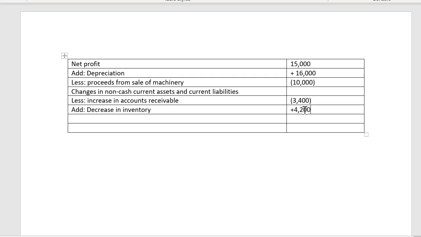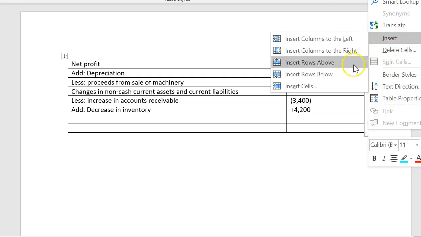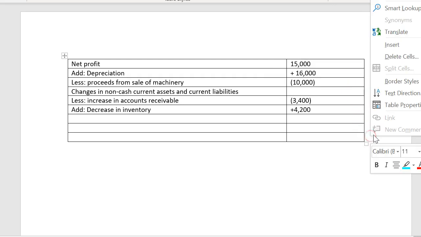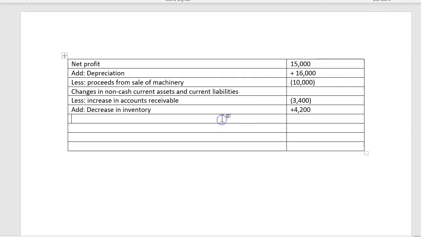Do we take equipment into account? No, we don't take changes in equipment, as equipment represents non-current assets.